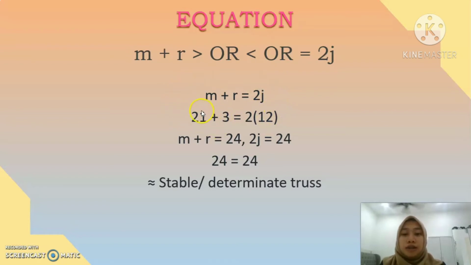So we insert the values into this equation, and we get m plus r equal to 24 and 2j equal to 27. So for the equation, we get m plus r equal to 2j. The result is that our model drawing is stable, or a determinate truss.